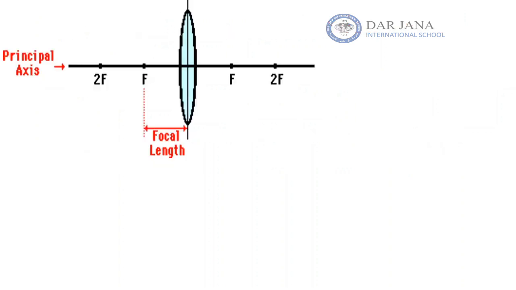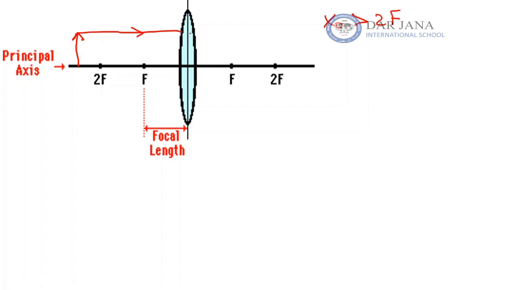Now we will go to case 1. I will put the object now beyond 2f. So xo is greater than 2f. So here is the object. So you have to draw 2 rays. One ray parallel.